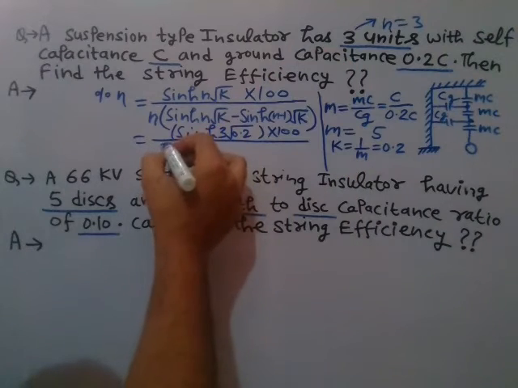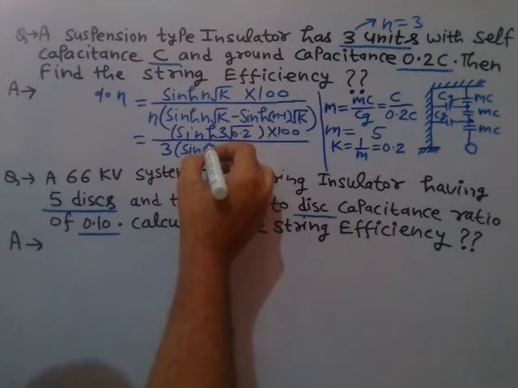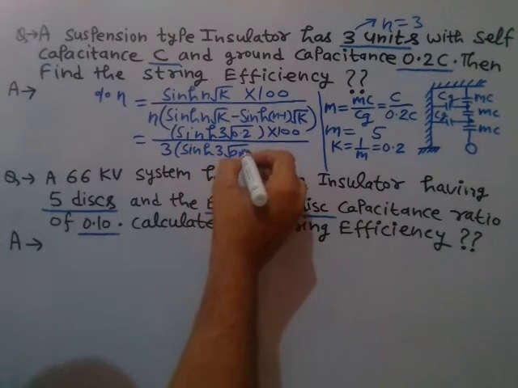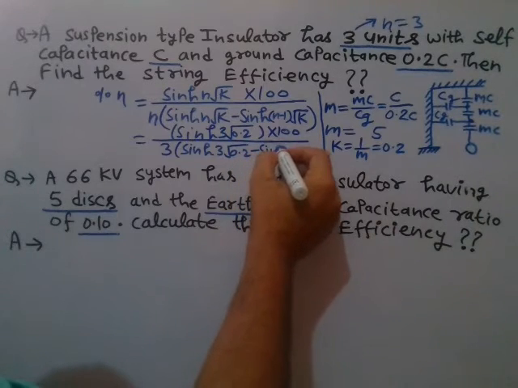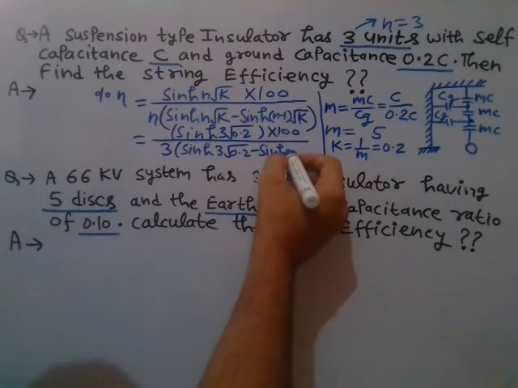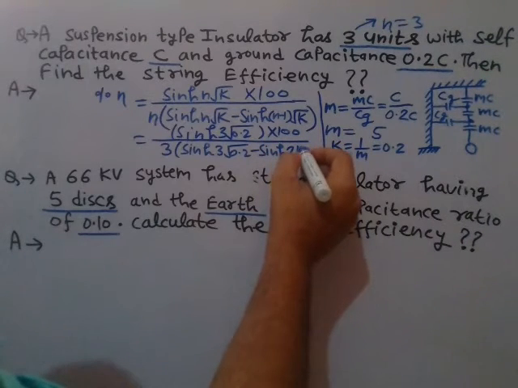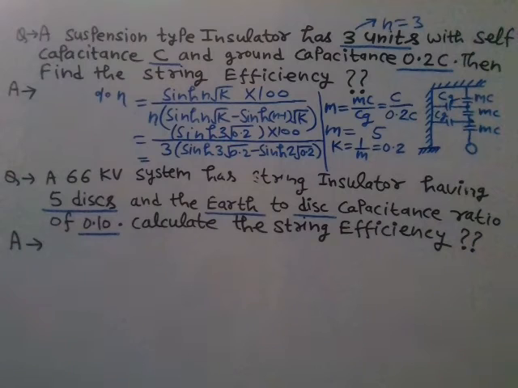N is 3 in the denominator, again sinh of 3 root 0.2, minus sinh of (n minus 1), that means 3 minus 1, that means 2, root 0.2, bracket closed.